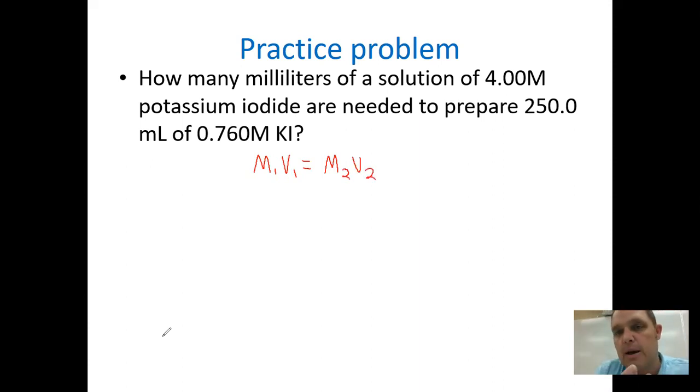Now you could set this up any way, but I really like to put the M1 as my stronger concentration. So here is our 4.0. That's the molarity. It wants to know the milliliters of that solution, so we are really looking for V1. That's our X.